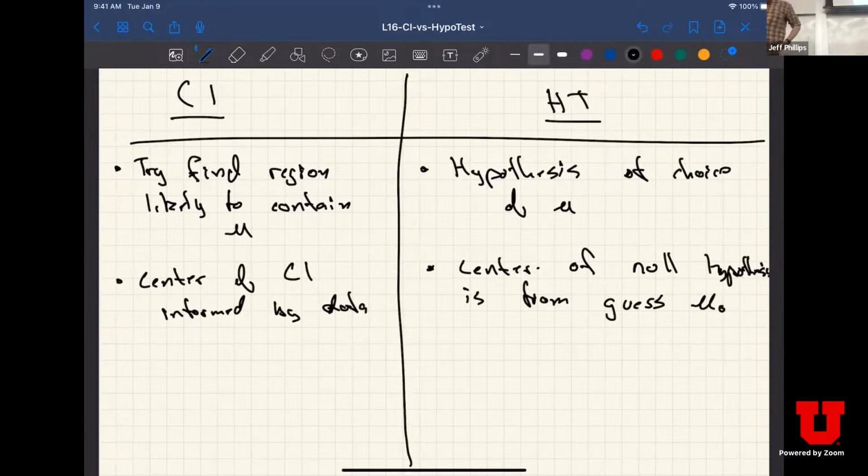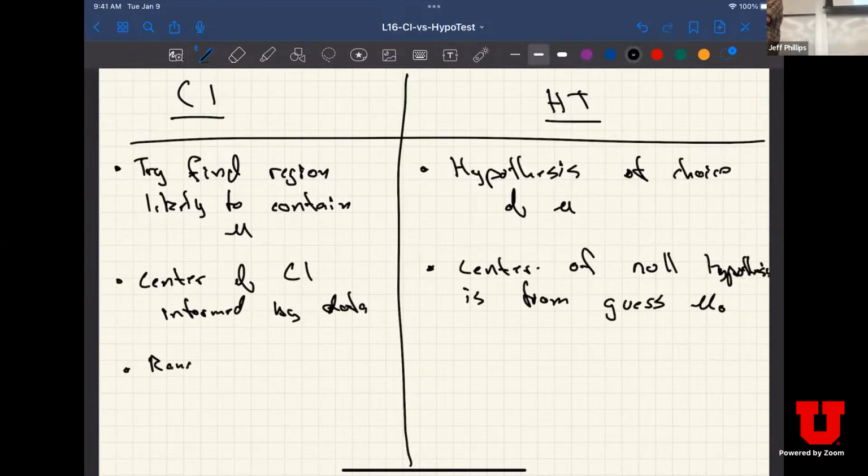So in the confidence interval, I'm saying I'm going to observe the data, and I'm going to say how likely is the true parameter to be close to the data I observed. In the hypothesis test, I'm going to make a null hypothesis of what, before I collected the data, I thought it was going to look like. And then I judge whether that is going to be supported by data.